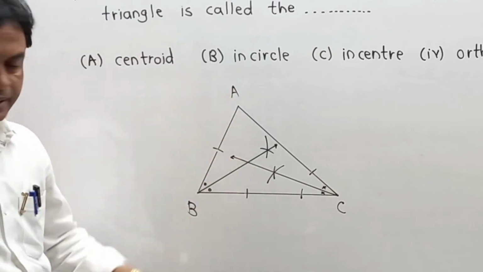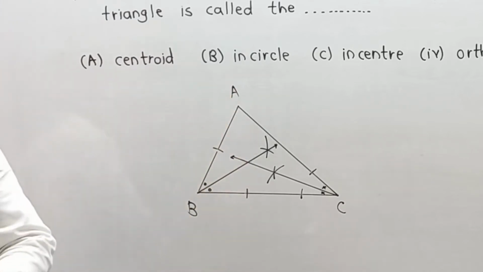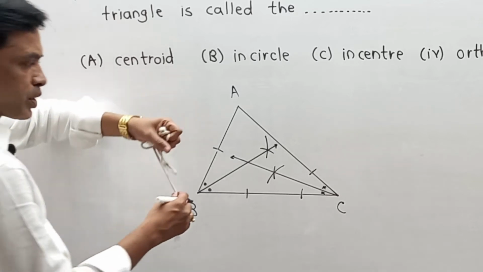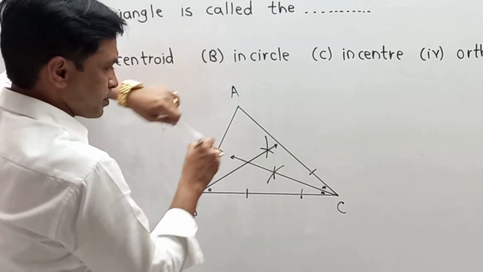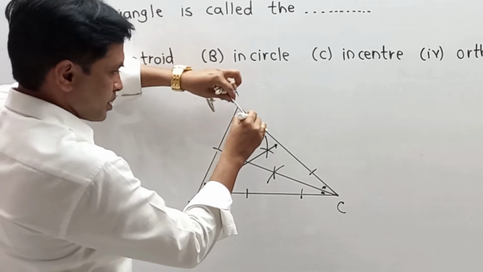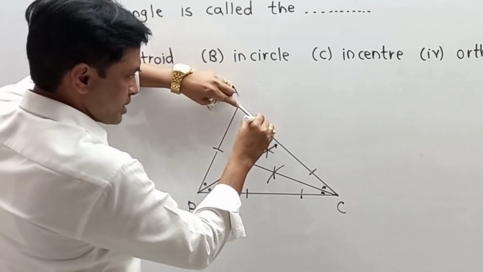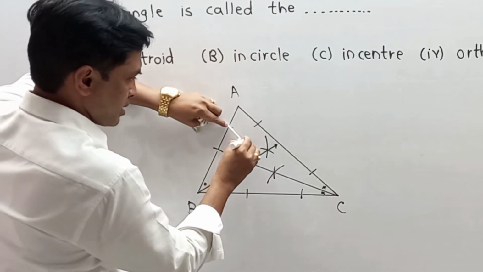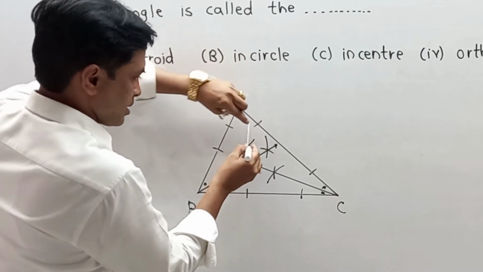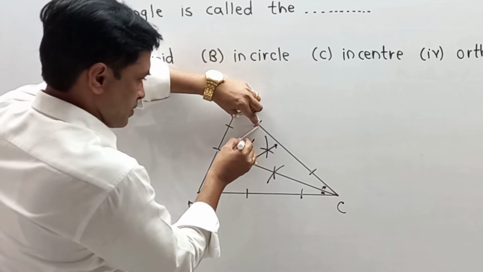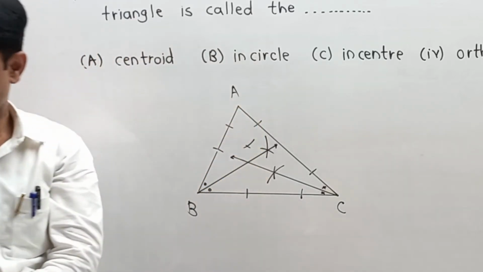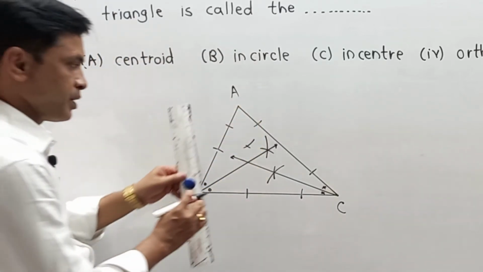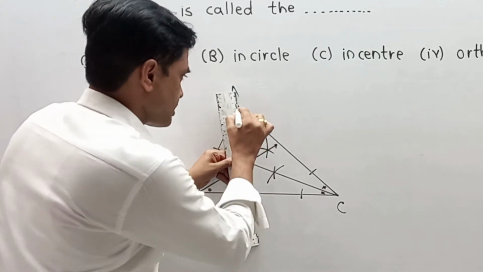Now the third part, angle A bisection, means I am going to bisect all the angles. So again for angle A, here is the third angle bisection.